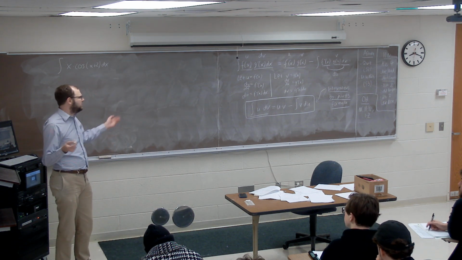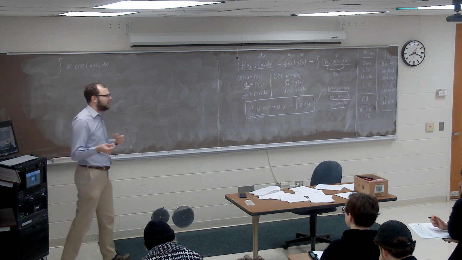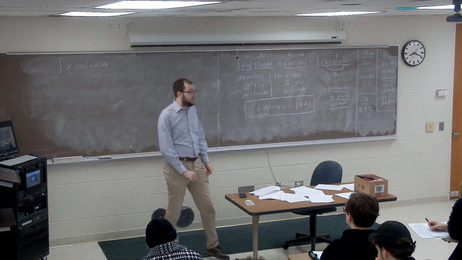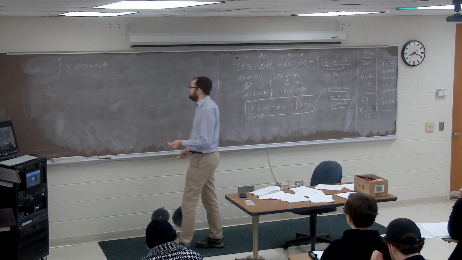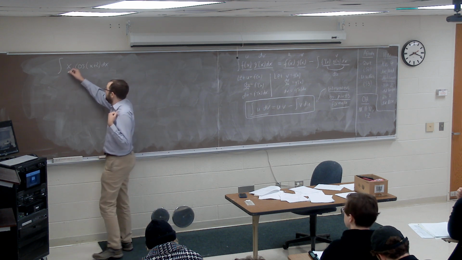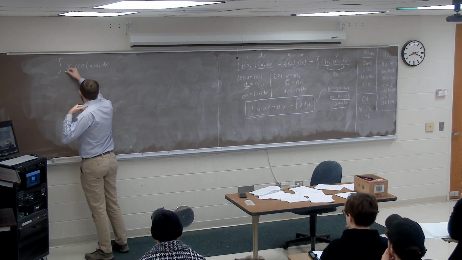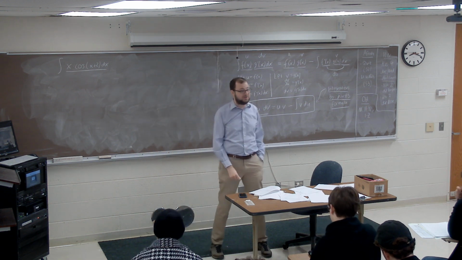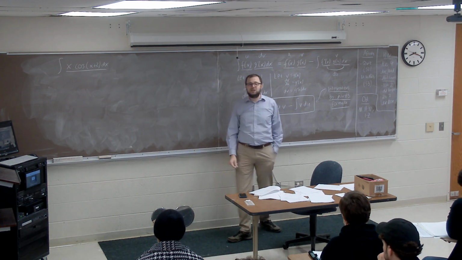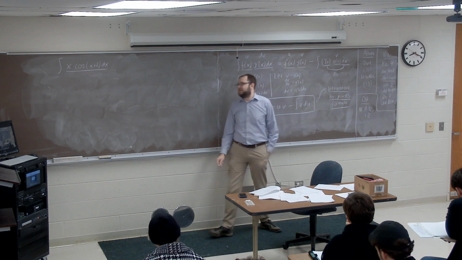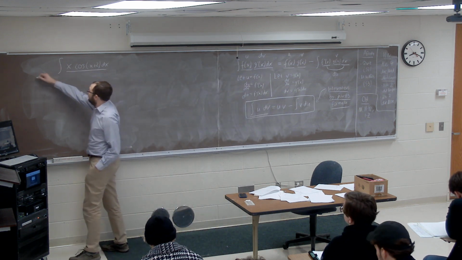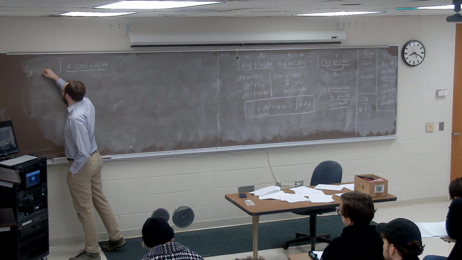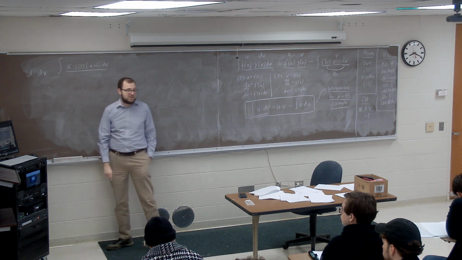We're going to try this new technique instead, integration by parts. Our goal when we're doing integration by parts is to look at the initial integral, in this case x times cosine of x plus 2, and break this integral apart into a u term and a dv term.